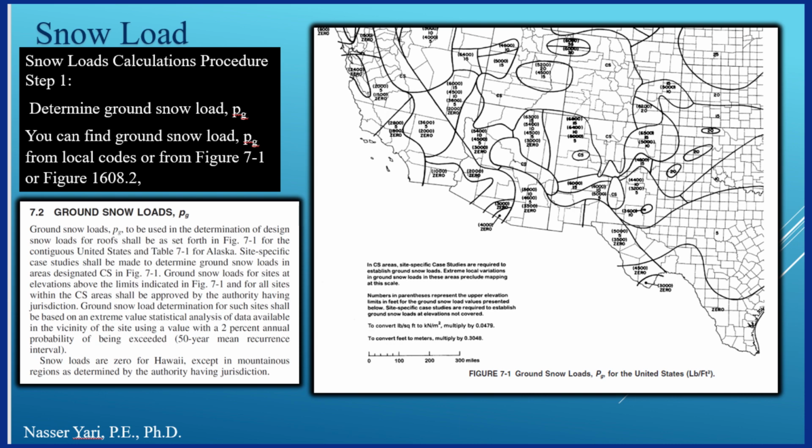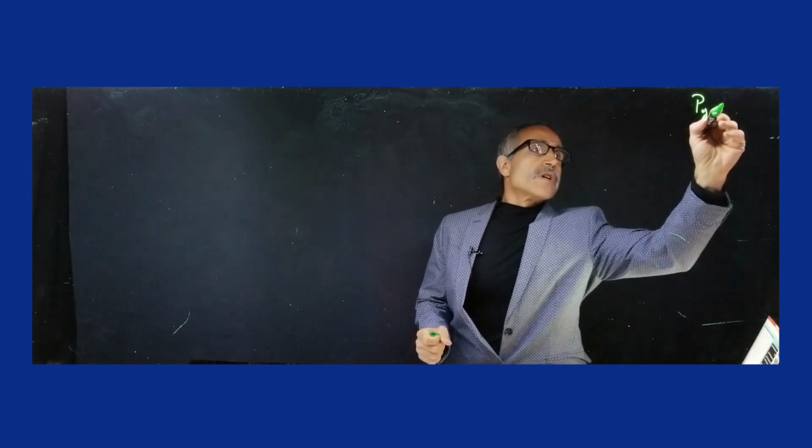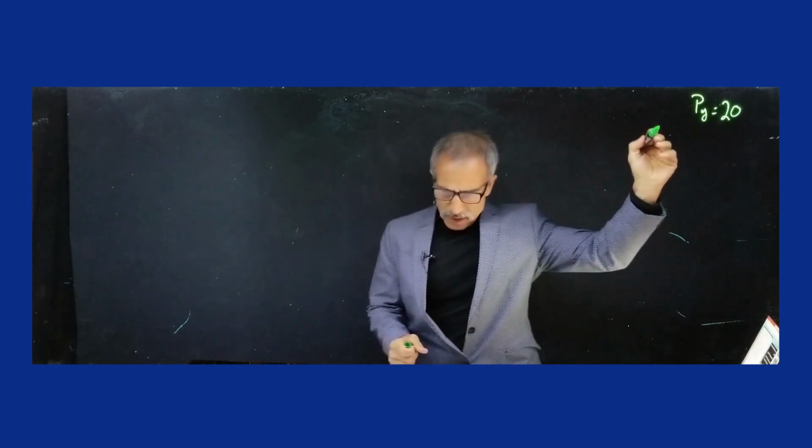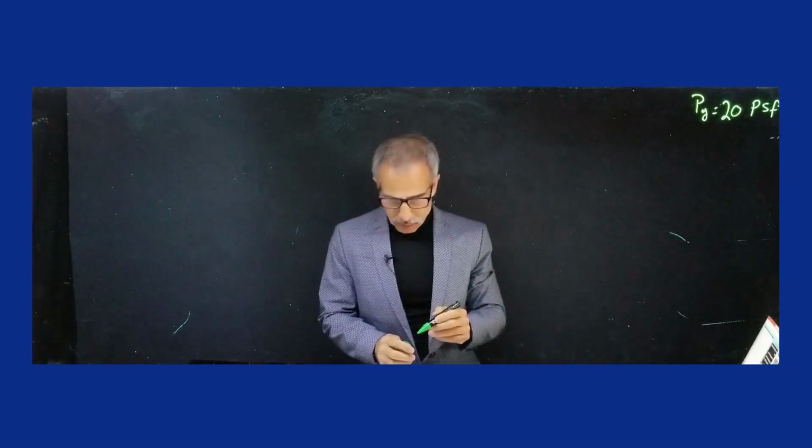For our problem, it comes out to 20 pounds per square foot. So our Pg, based on a map or a local code, comes out to 20 pounds per square foot. Okay, we got one done.